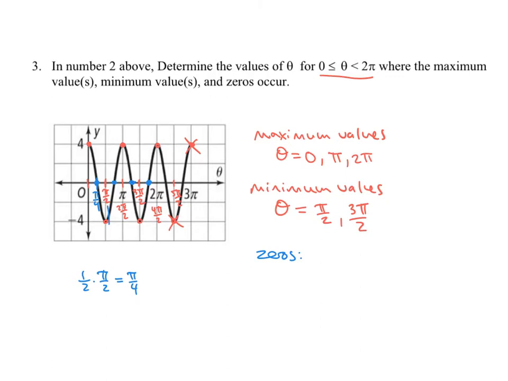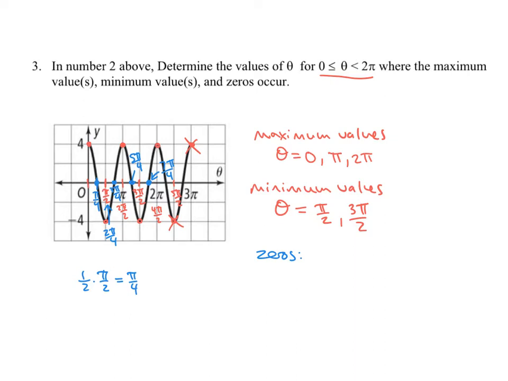Pi over 2 is the same as 2 pi over 4, and this next one would be 3 pi over 4. And then pi is 4 pi over 4. This next one is 5 pi over 4. And if I follow that pattern, pi over 4, 3 pi over 4, 5 pi over 4, this is going to be 7 pi over 4.